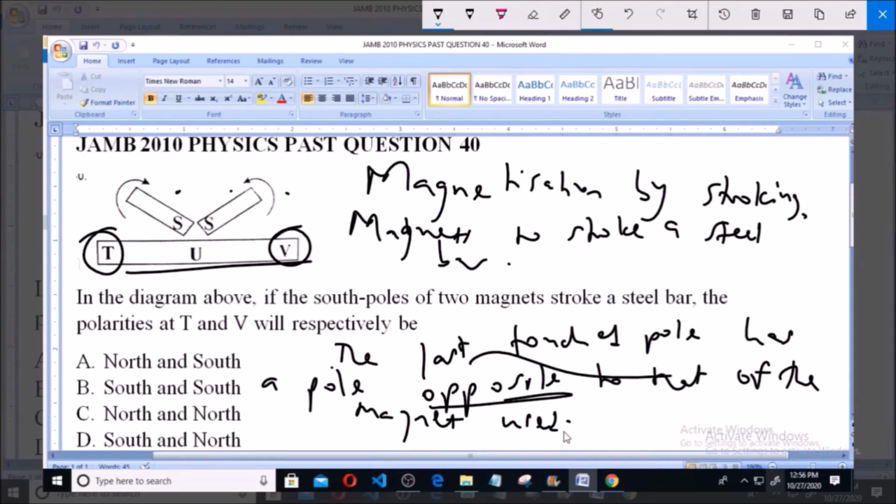The pole of the magnet used was south and south, so the poles of T and V will be opposite to that used. So therefore it will be north and north. North and north is option C, which is the correct answer to this question.